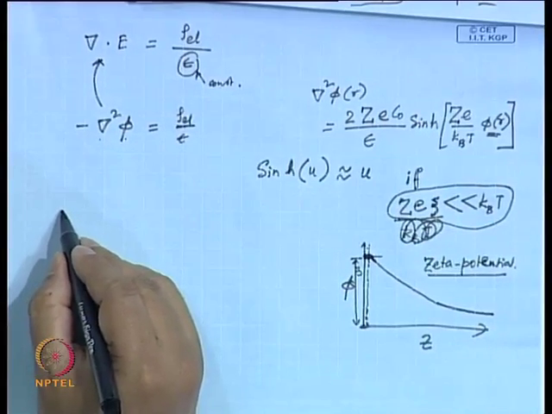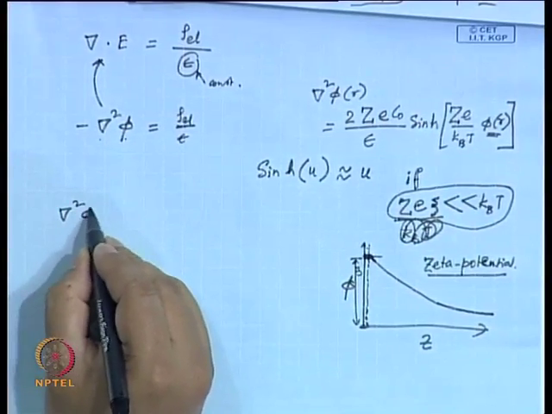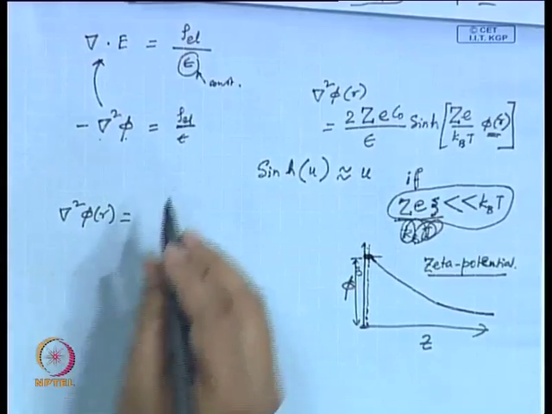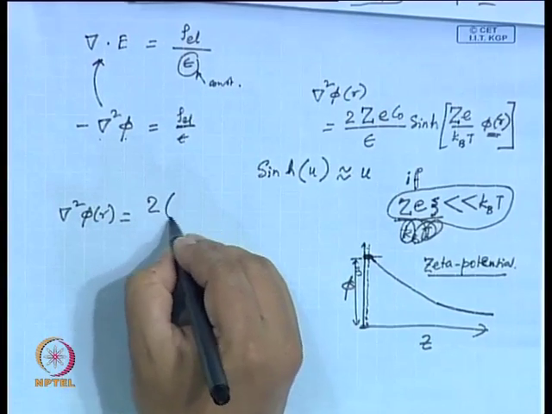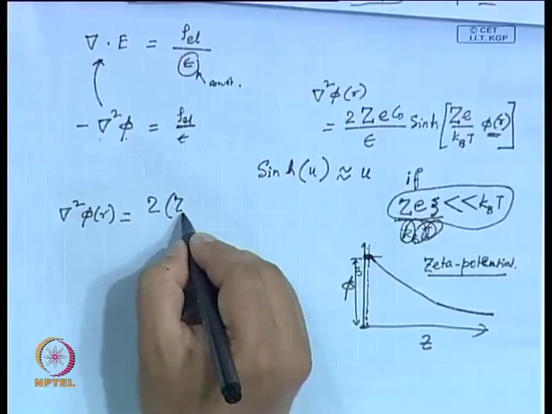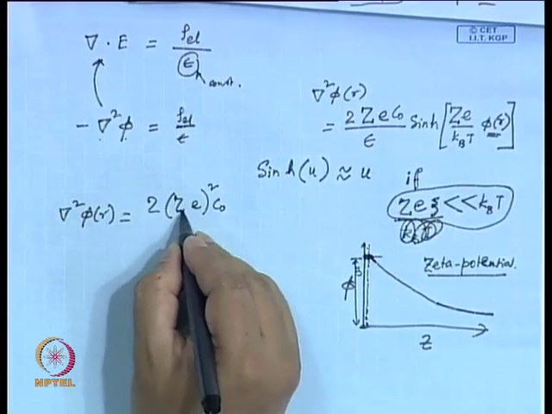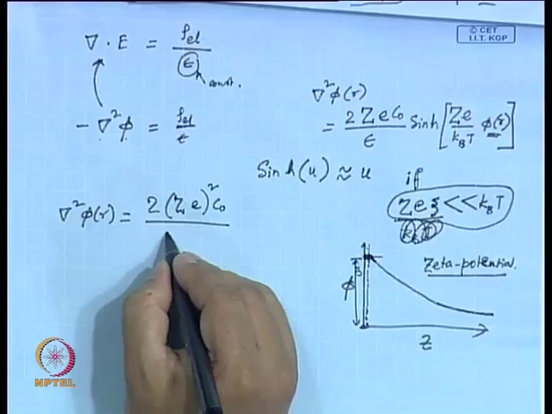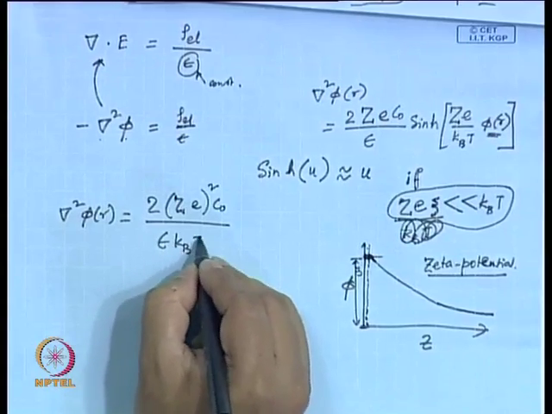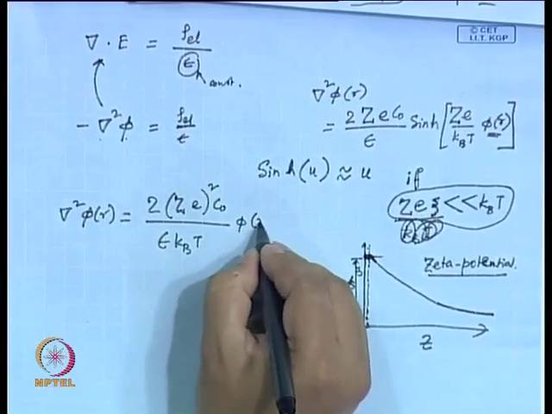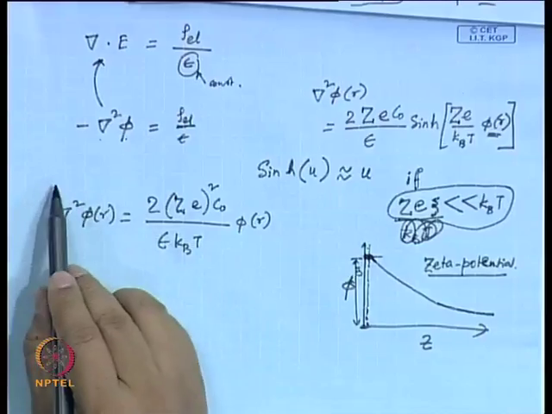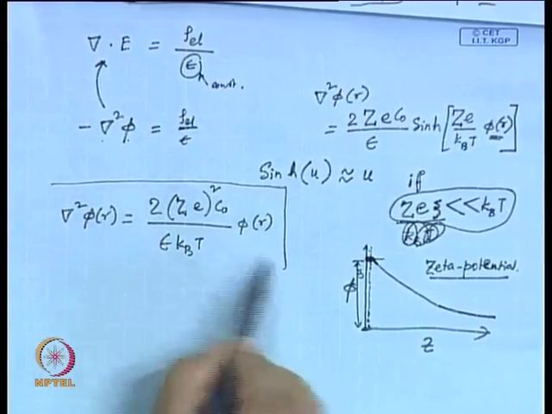You get del square phi of r equal to 2 z e whole square c0 divided by epsilon kBT times phi of r. This is what you get.